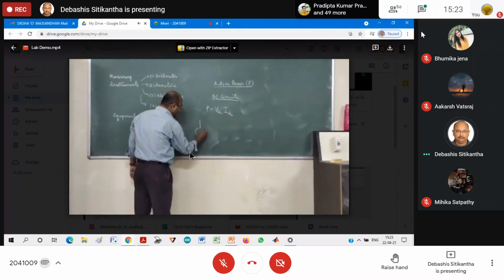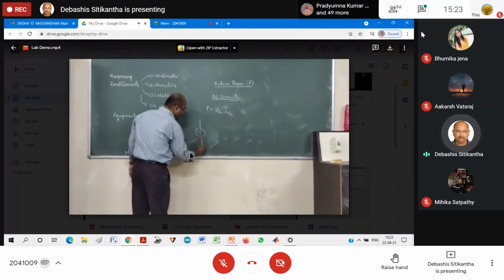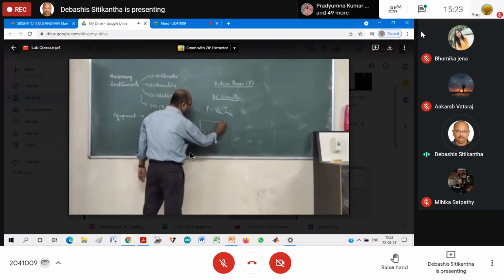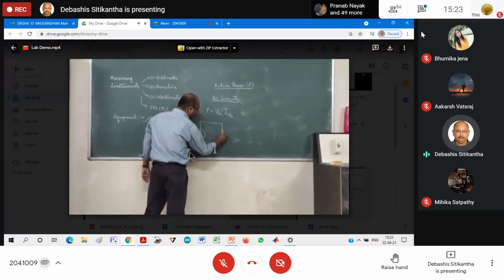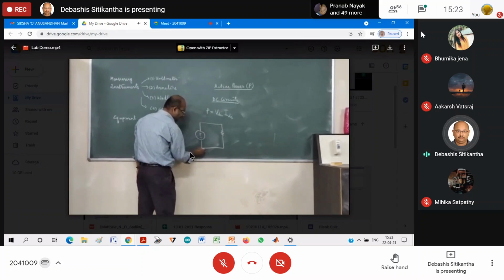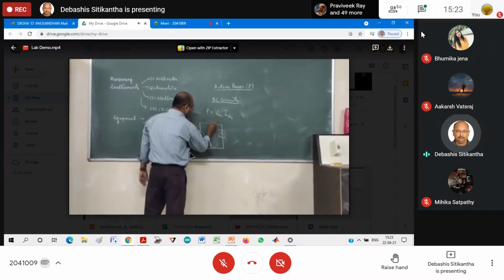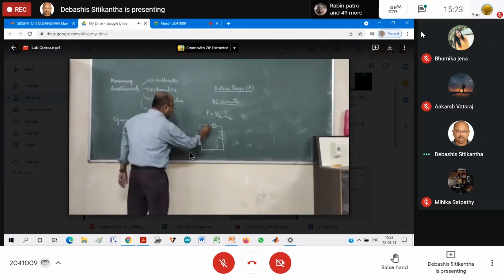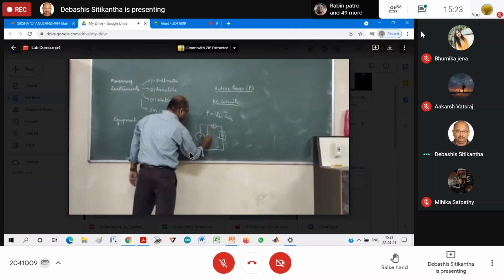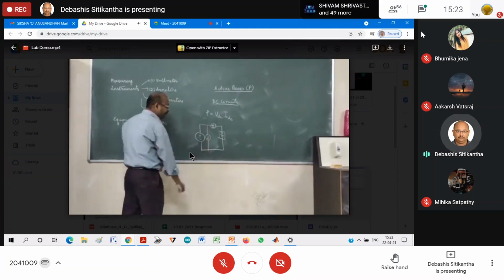Suppose this is the DC voltage source. I have connected it to a DC load, let us say a resistance like this. So this is the load. Over here, I will connect a DC ammeter, and I will connect a DC voltmeter.